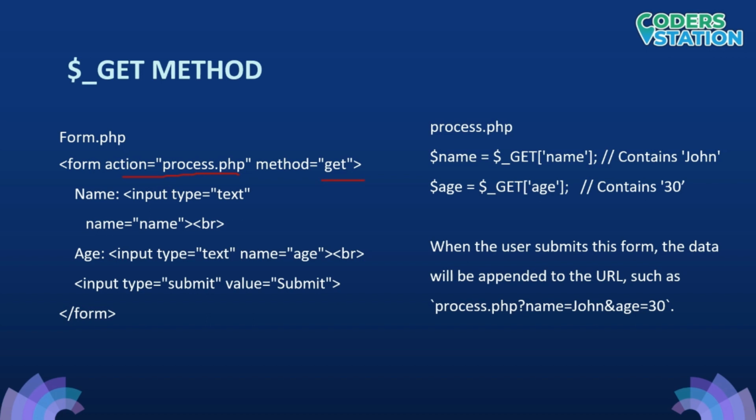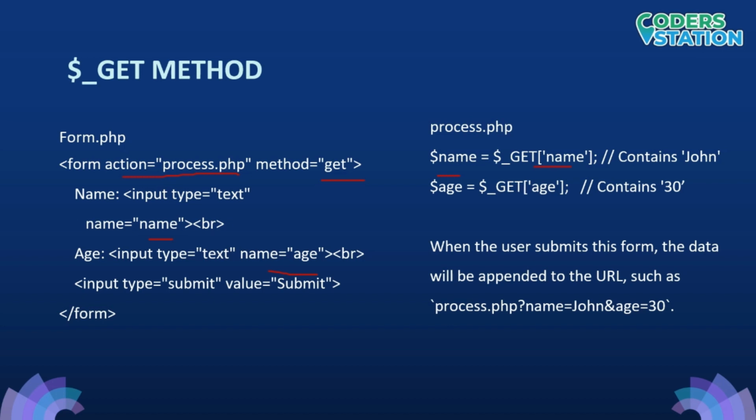So you can see name is the first key in an associative array, and the second one is age, and then we will check if the submit button is clicked, and then in this process.php we'll access these values from the form. In name we store the name value, which contains whatever we give it, and similarly for age.